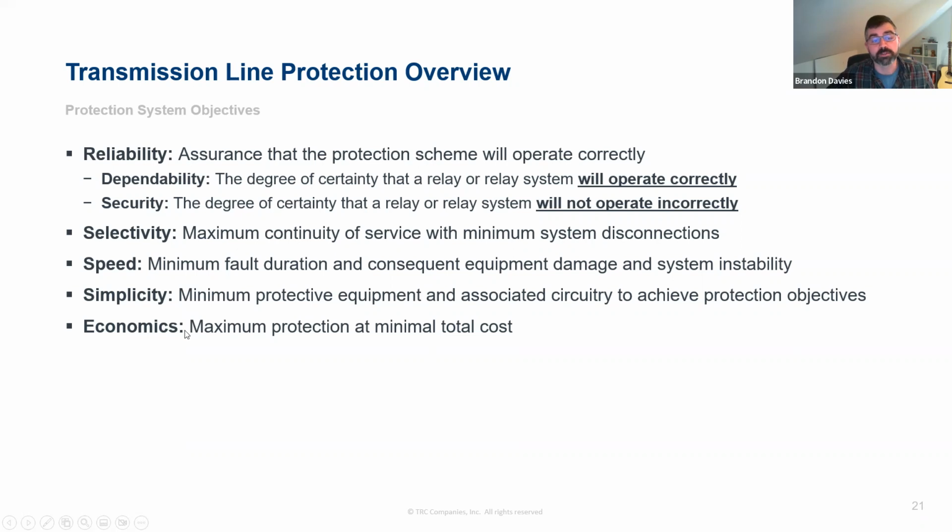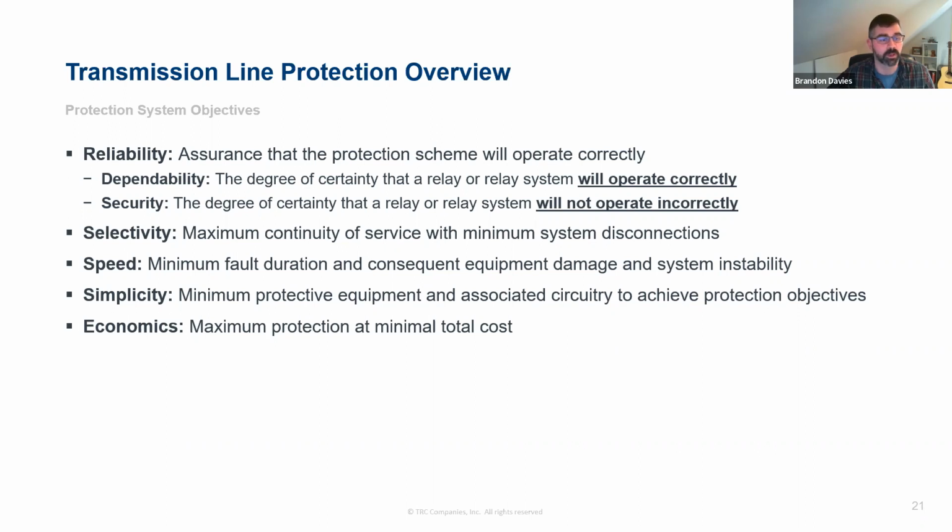And finally, economics. We need to factor in what the cost of the protection is in general. These days, utilities have pretty deep pockets for spending money on improving reliability. There's a lot of money being spent in the power system today. But that doesn't mean it's a blank checkbook.